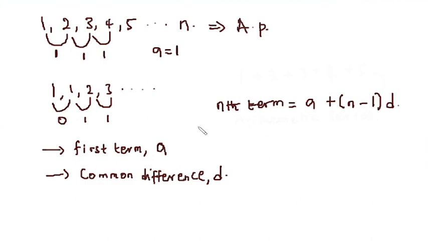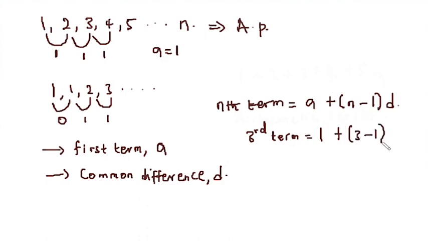So if I'm looking for the third term of this series, and I know that the first term is 1 and the common difference is 1, I'd simply say my third term is equal to the first term, 1, plus, since I'm looking for my third term, n is 3.